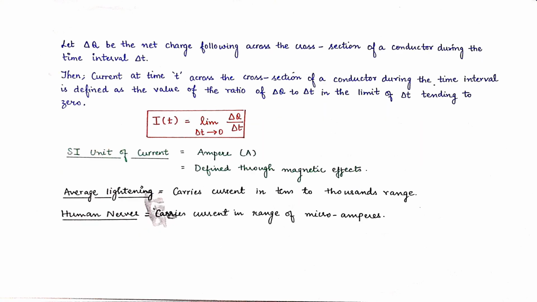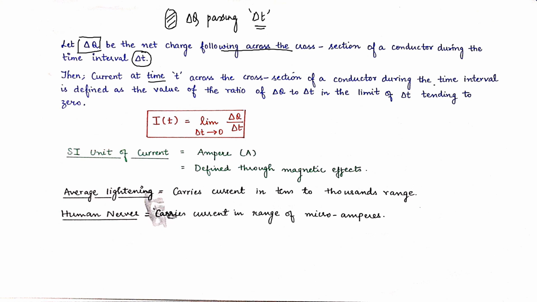Now what we'll see is the change in the charge, delta q. Delta q shows us the change in the charge, the net charge flowing across the cross section of a conductor during the time interval delta t. So we have taken from this small area, this small charge passing in a given small time delta t.